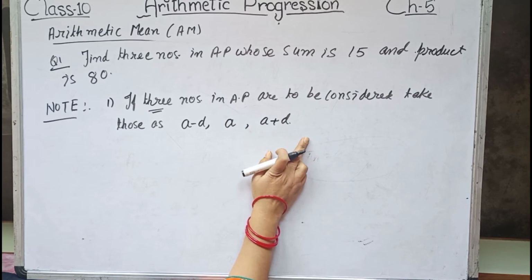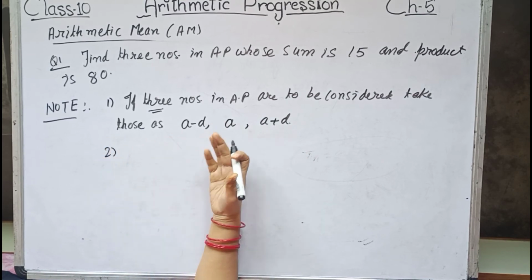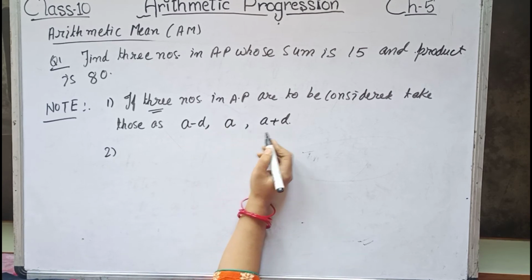If three numbers are given in AP, we have to consider for a particular sum that let the three numbers be this, this and this. So we will suppose like this.